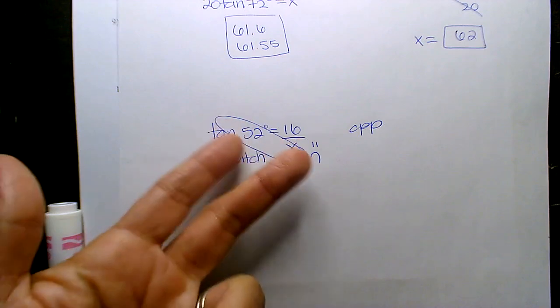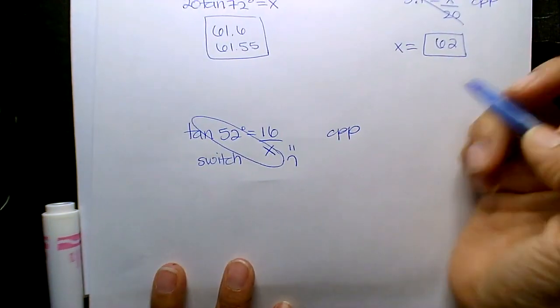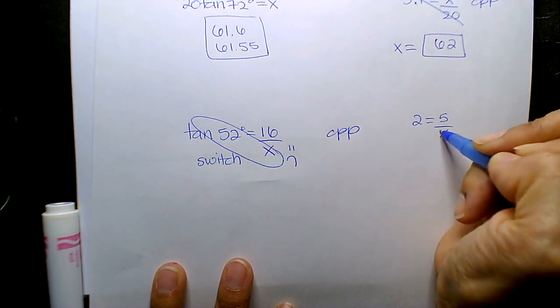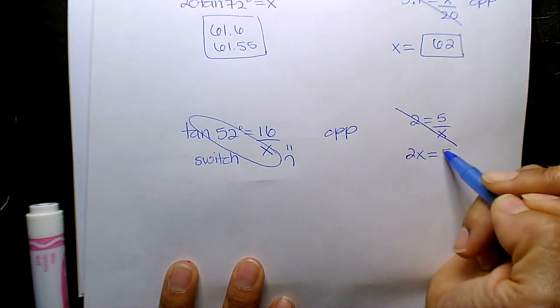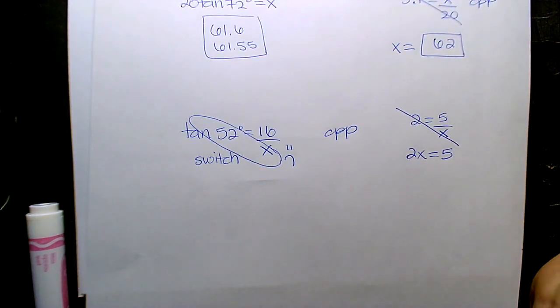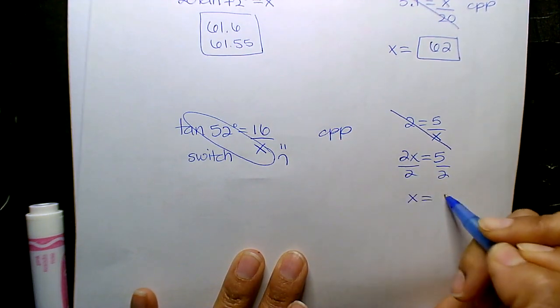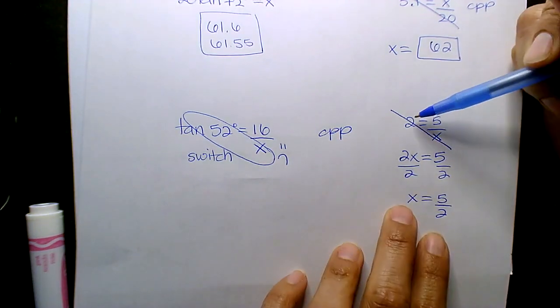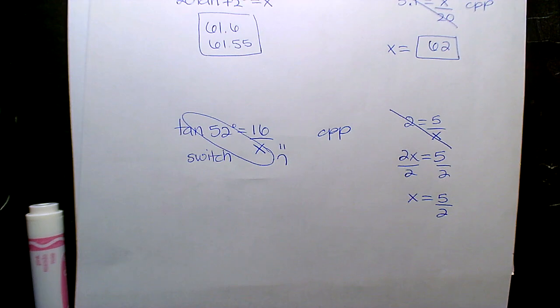If you don't get that, let me do this really quick. If I cross multiply, you would get 2x is equal to 5, right? What am I going to do with the 2? Divide it, and so x is 5 over 2. So look what happened: 2x, times 2. It's a two-stepper. You would multiply and then inverse operate. So why don't you just switch them to begin with?